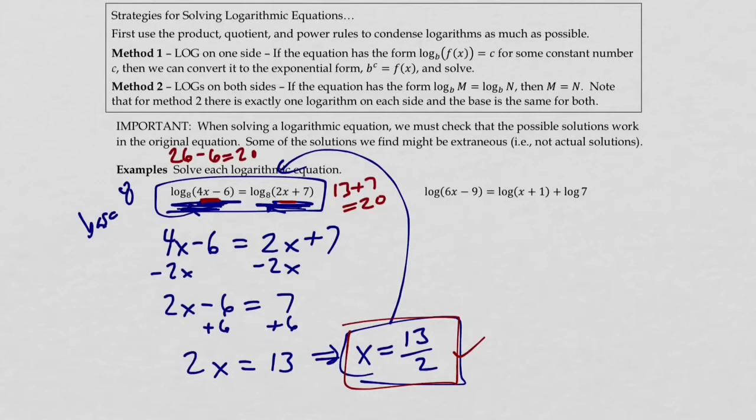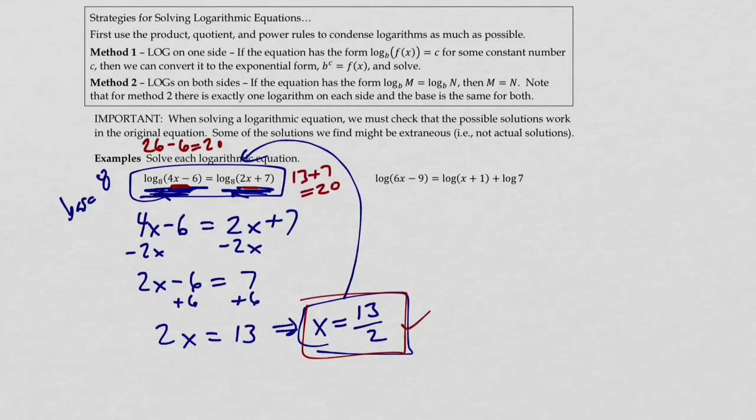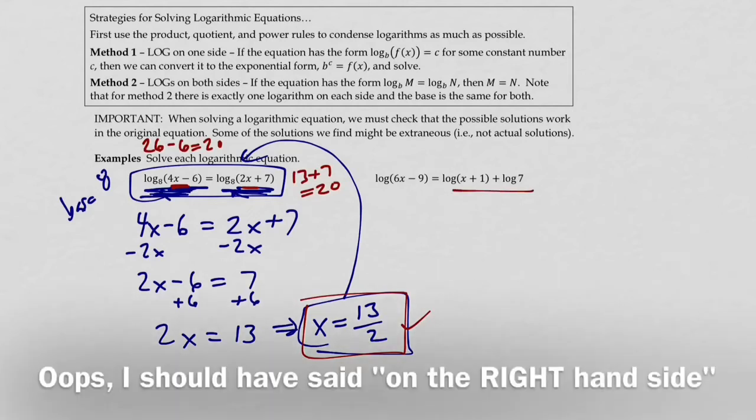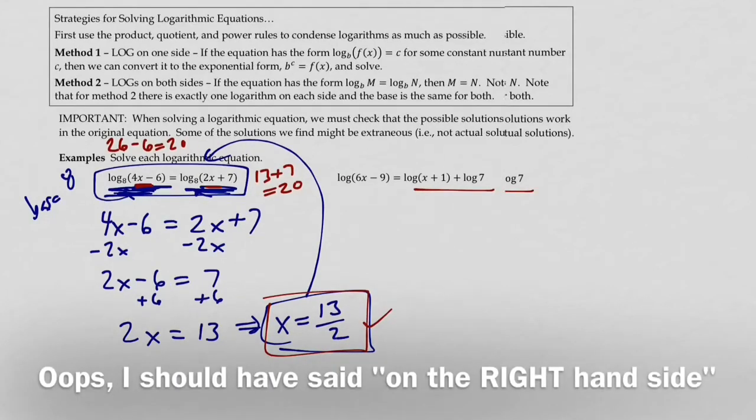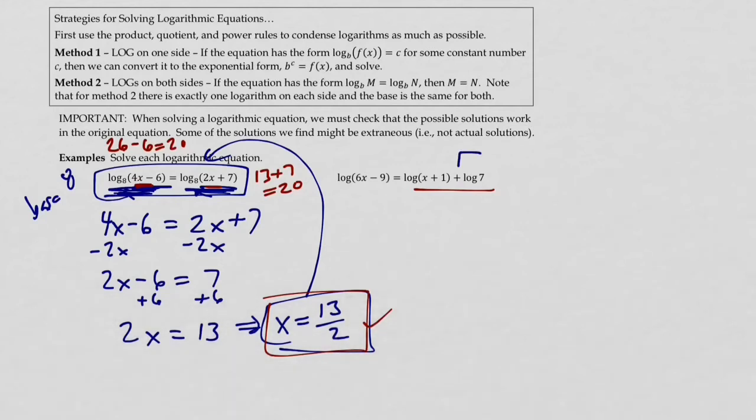For the other equation, we need to do a little bit of work first. On the left-hand side over here, we have two separate logarithmic expressions. So we can use the product rule to gather together the two logarithms, and we end up with log base 10 of 6x minus 9.